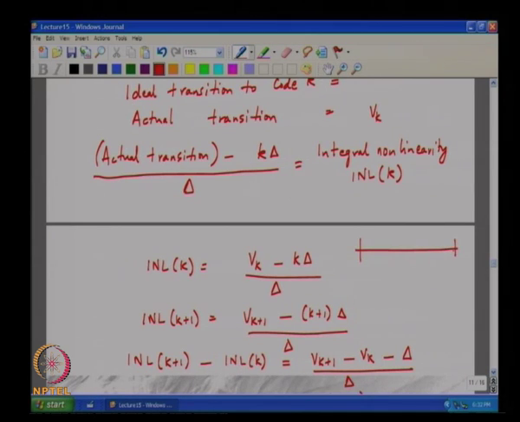So, let us say I plot code on the x axis, and on the y axis I plot the DNL, and it will obviously be a sequence, but let us say there are so many codes that when I join all those points it looks like a curve. So, let us say I get a picture like this. What does this mean?